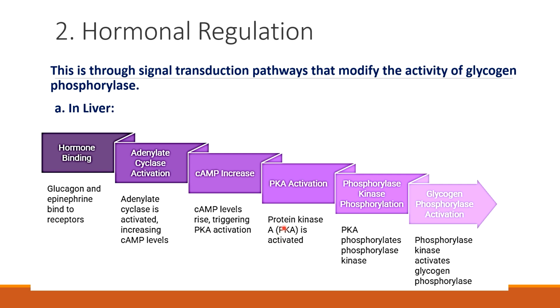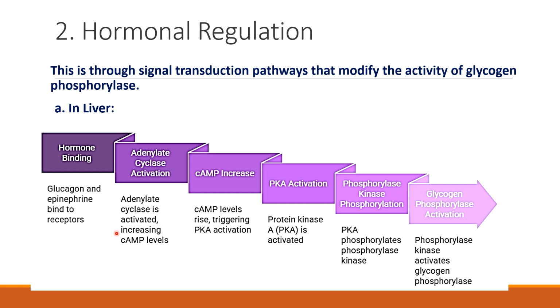The phosphorylase kinase further phosphorylates glycogen phosphorylase B, which is the inactive form, to phosphorylase A, which is the active form.